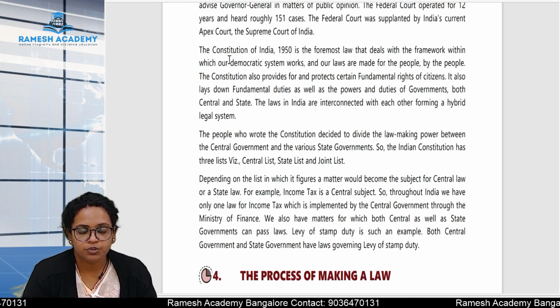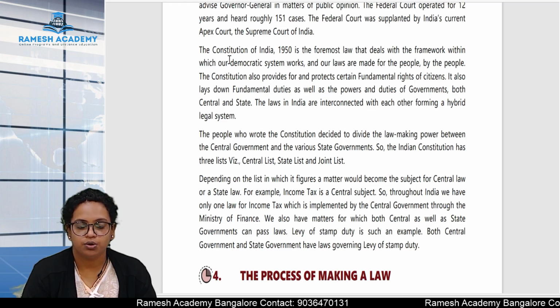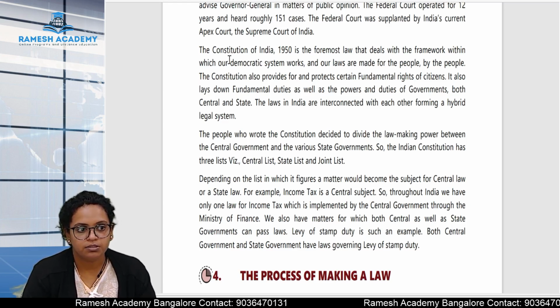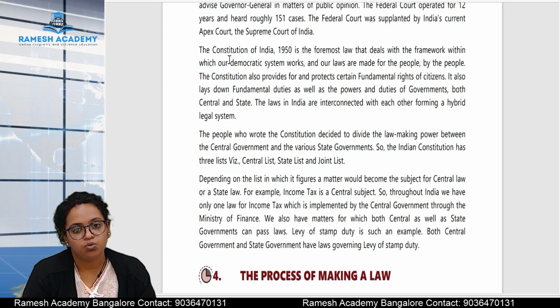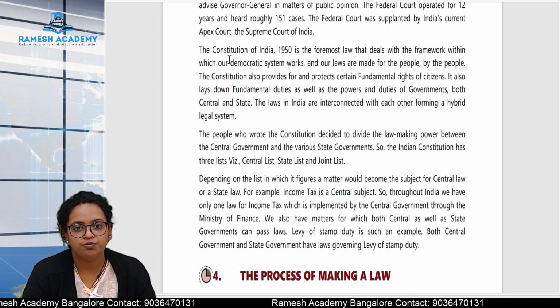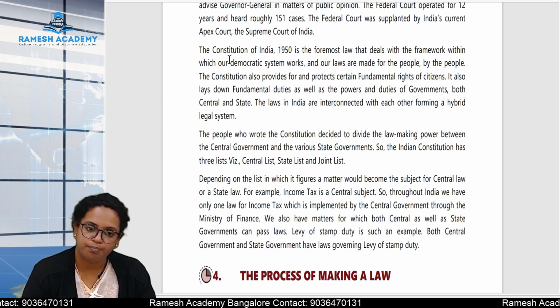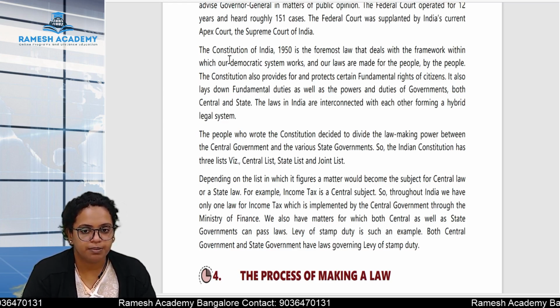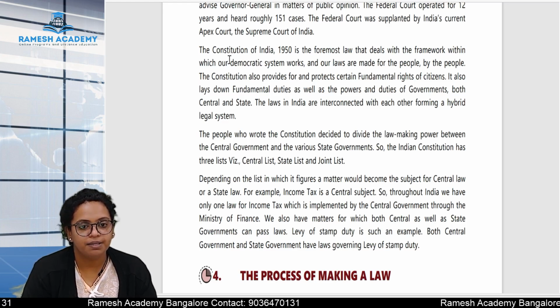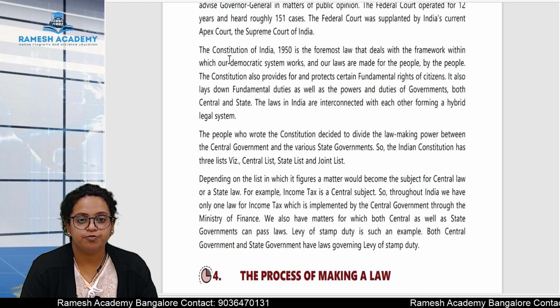They come together, take a decision on a particular subject, even in the state assemblies, and they make a law. Who is the law made for? For the people. And who makes the laws? By the people.